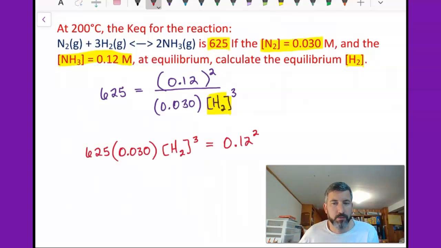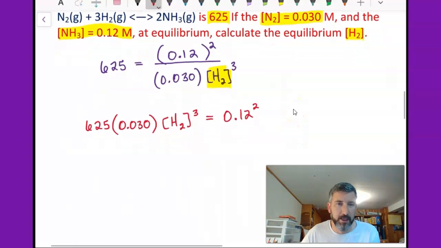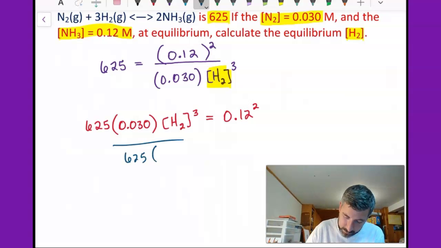Okay, to show my steps here, I just cross multiplied, so I multiplied both sides by H2 cubed times 0.03. And so I got this, and then of course to get the H2 cubed by itself, we are going to divide both sides, right? So we're going to divide by 625 times 0.030 on both sides.